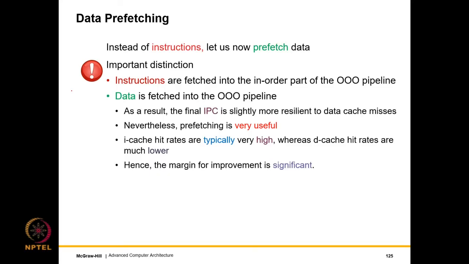So things are more sensitive over there, because clearly if an instruction is not fetched, we cannot fetch any instructions after that. As a result, there is a slowdown. But data, on the other hand, because of the out-of-order nature of execution, the out-of-order pipeline is more resilient to a data miss as opposed to an instruction miss.